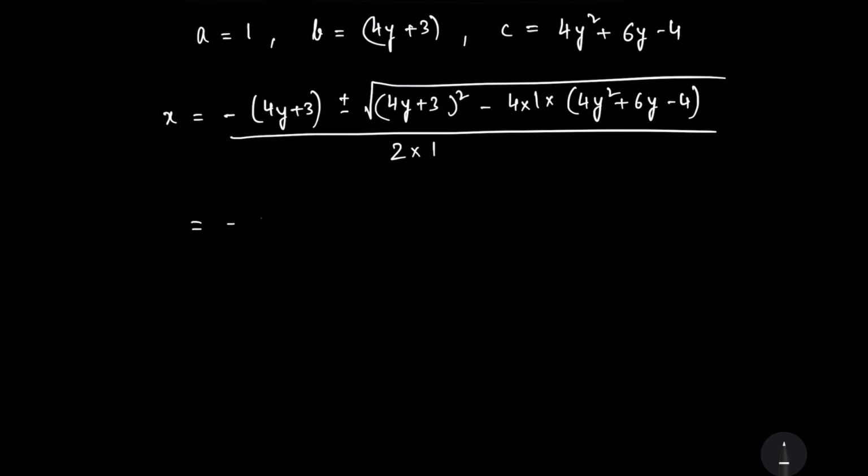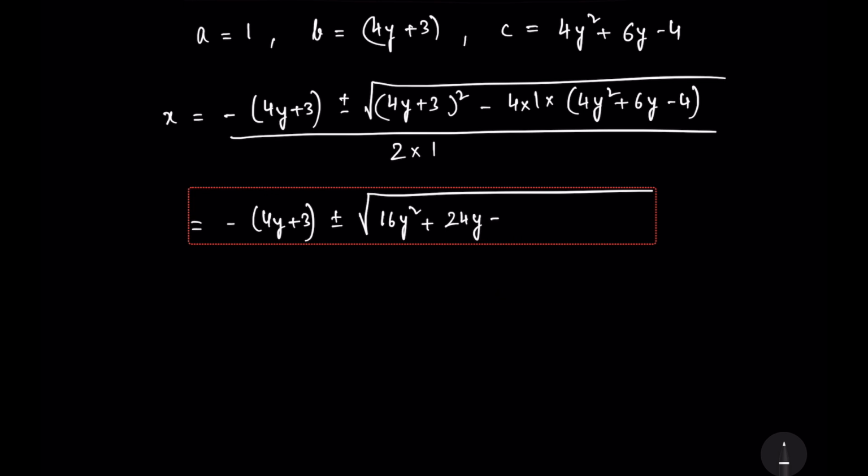So now what we get is minus 4y plus 3, plus minus. Here this is 4y plus 3 whole square, so 16y square, a plus b whole square, a square plus 2ab, 24y plus 9, correct?